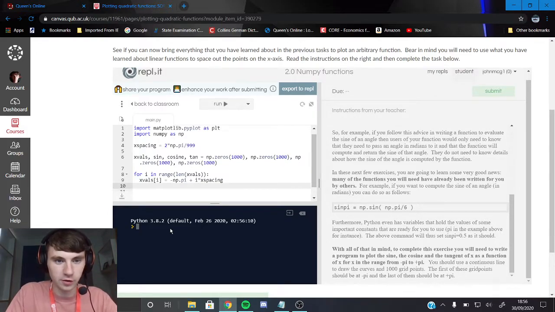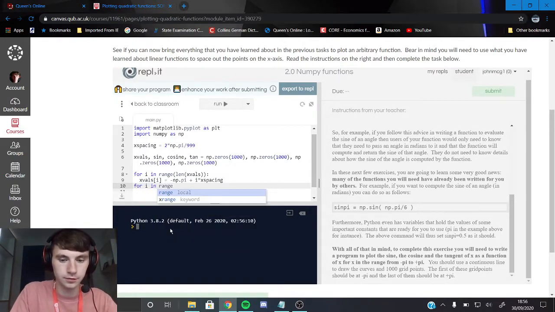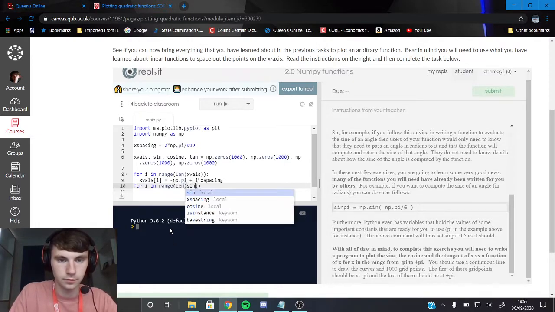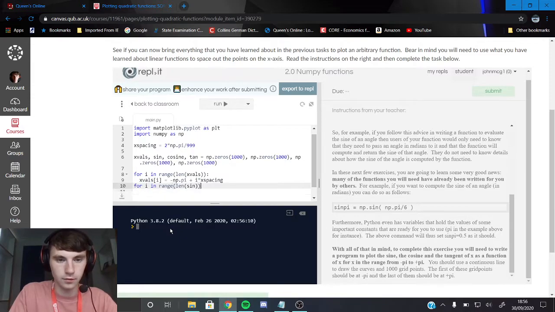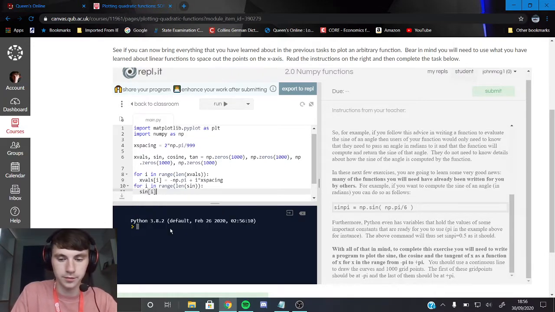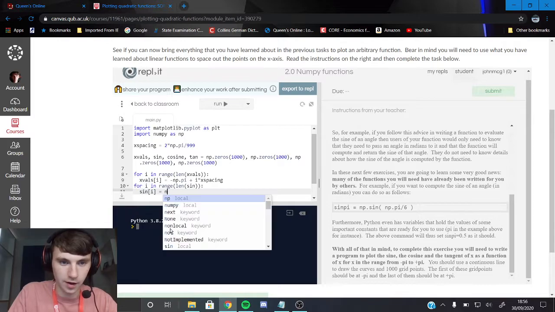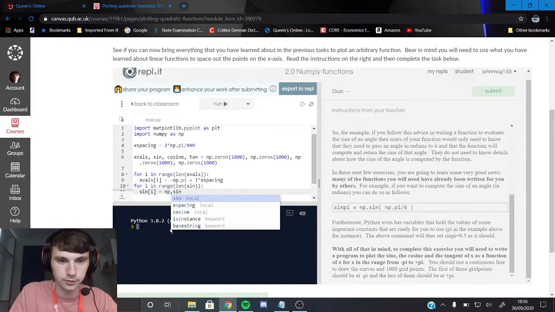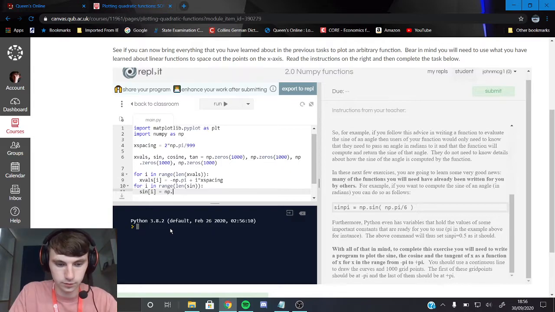So for each of the y values, let's say just for sine, for i in range len sine. We put in the colon. Sine i has to be equal to np.sin of x vals i.